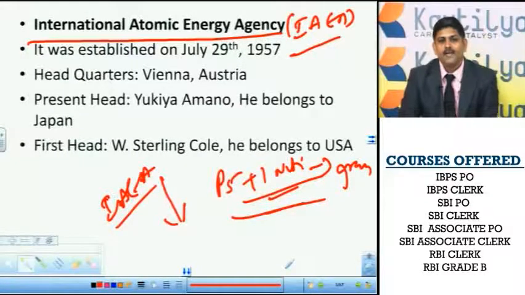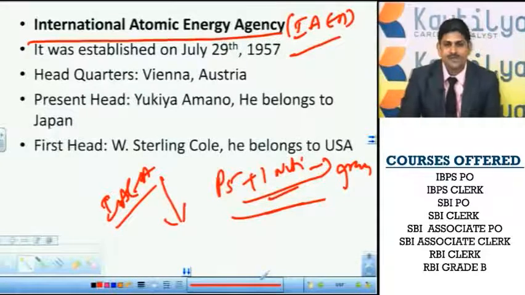Developed nations have made allegations against Iran that Iran is developing nuclear weapons. Against this allegation, who has to certify whether Iran has developed nuclear weapons or not?